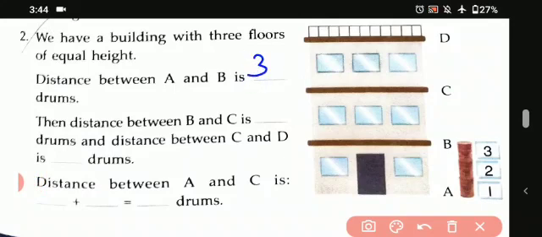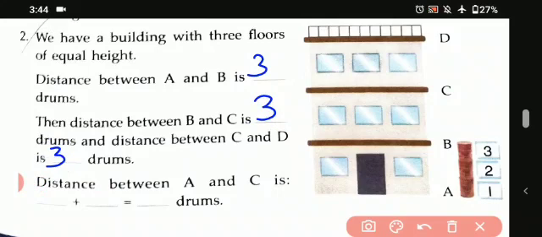Okay. Then the distance between B and C is dash drums, and the distance between C and D is dash. As we can put it over here, how many drums will come? Because they are of equal height, that means 3 drums. So we'll be writing here 3 also, and for C and D again, yes, 3 drums. Okay.